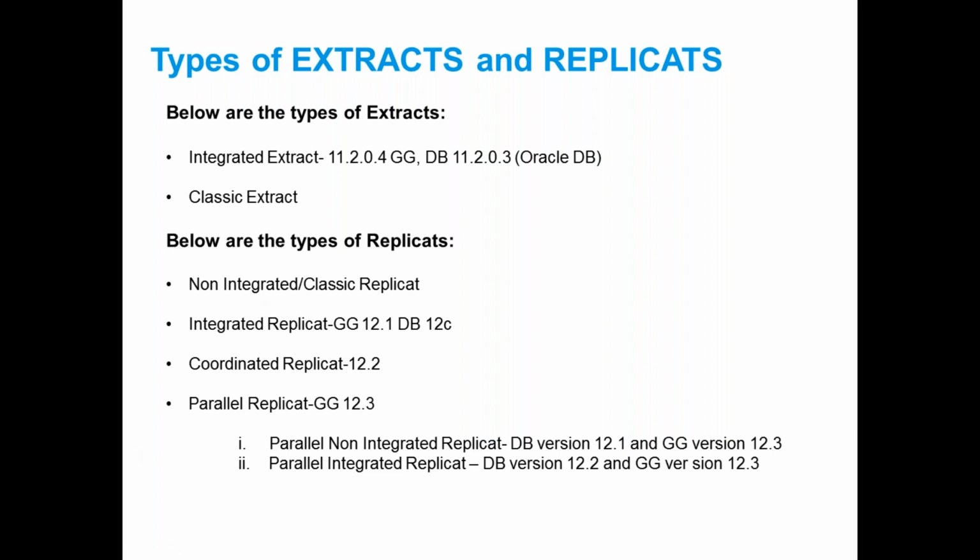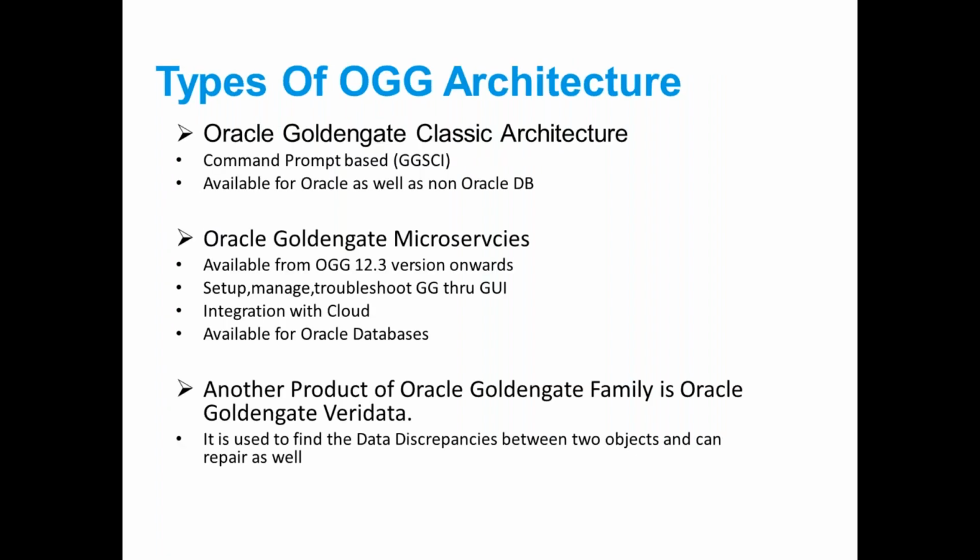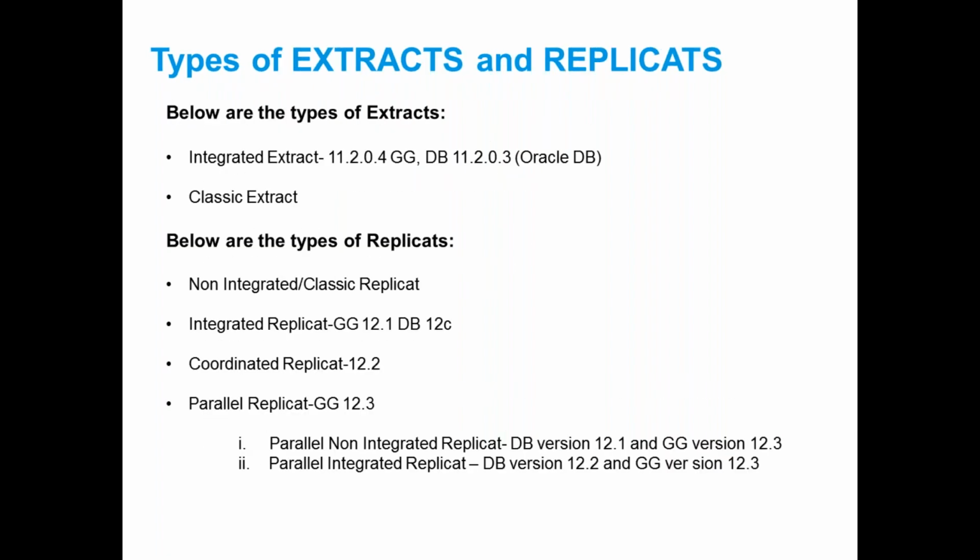So the question is, with the introduction of microservices, does integrated no longer exist? The answer is no. Integrated is a type of extract and replicate. Microservices is a type of Golden Gate architecture.